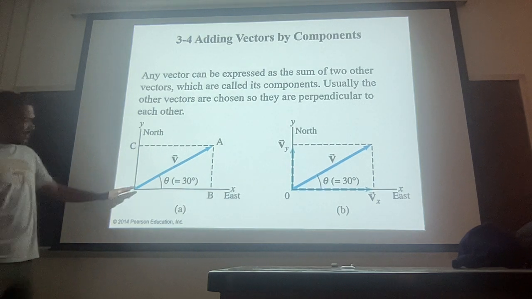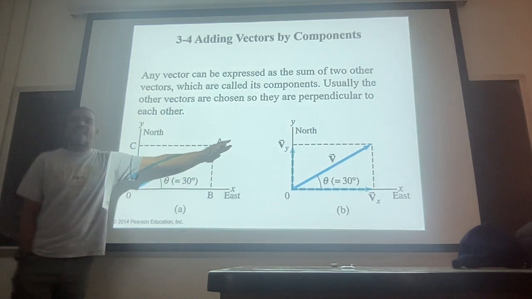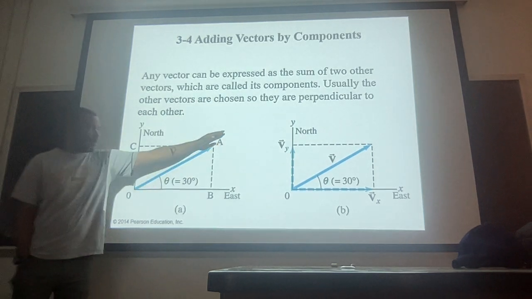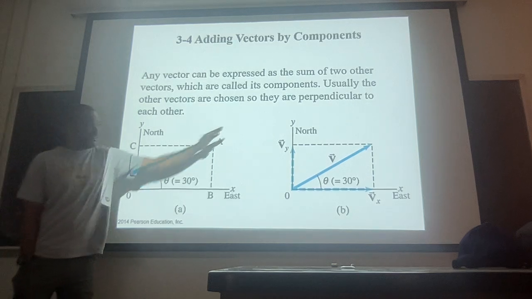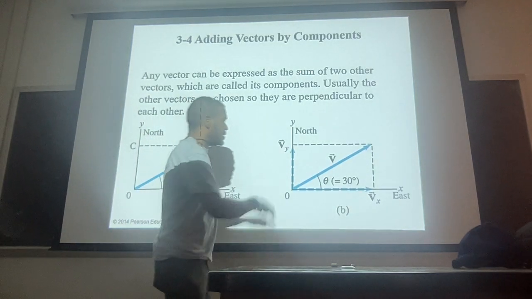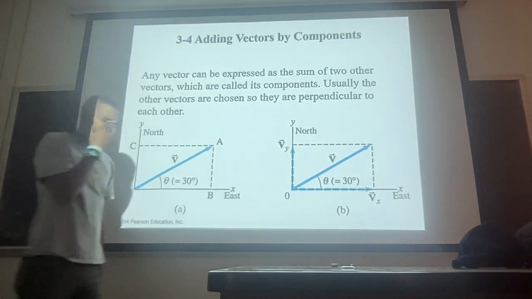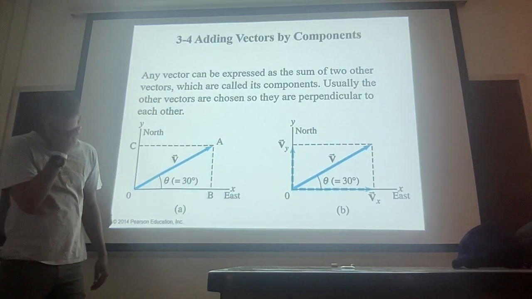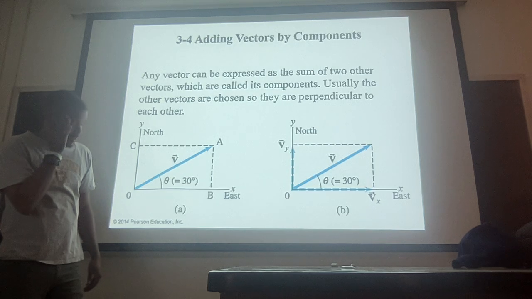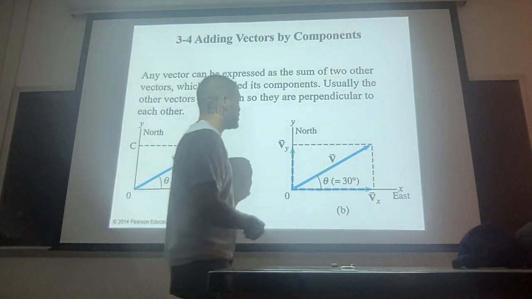And so, like I said, this is your V vector. This will represent the velocity of an object. And that velocity of an object can be, what's the word I'm trying to use? Right now I'm going to say split.